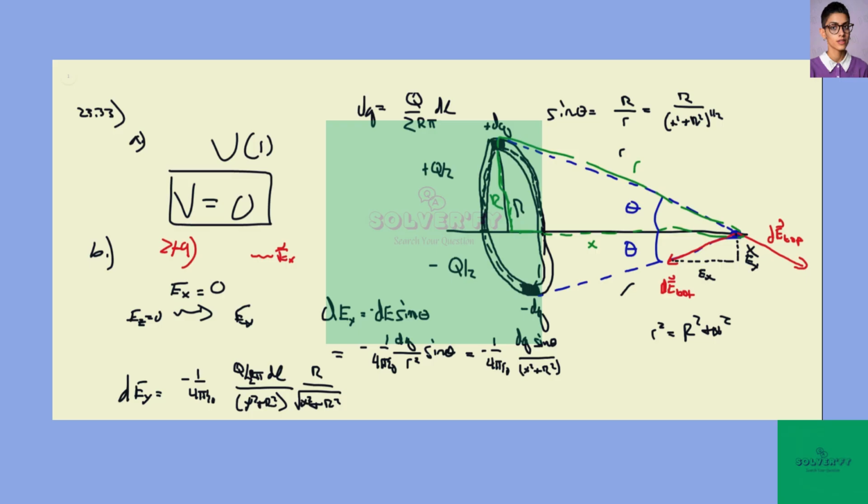So now if this is dEy, let's just integrate both sides and get just Ey.